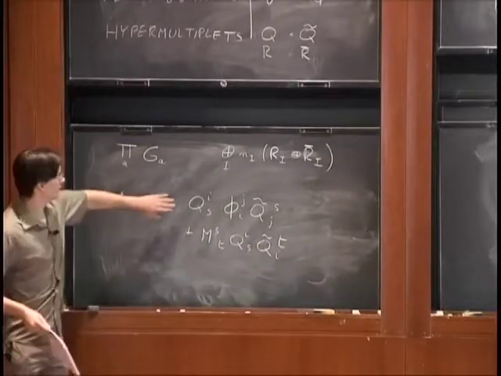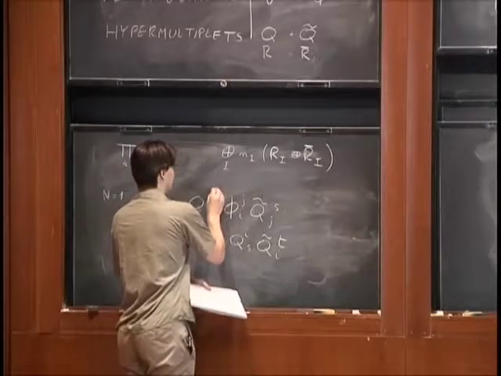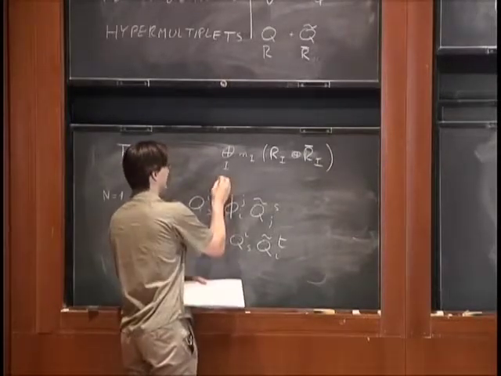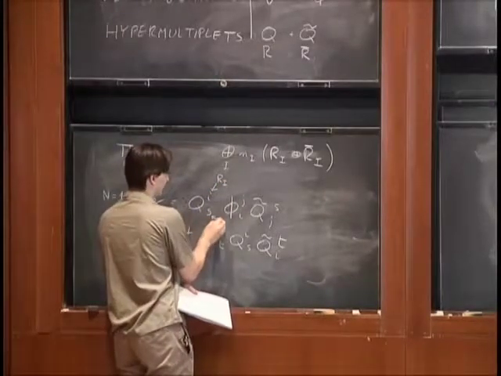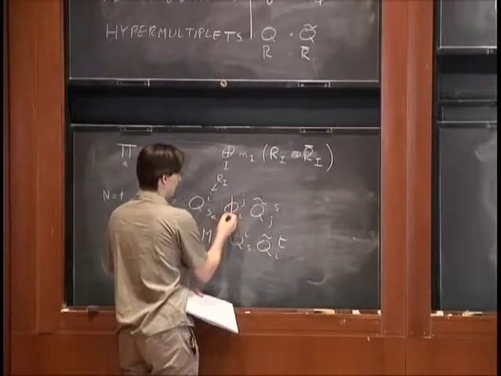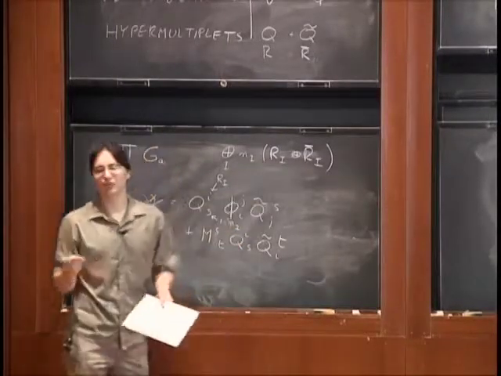So here are some hypermultiplets. They carry some gauge indices, and they carry some flavor indices, because in general the same representation is allowed to appear many times.